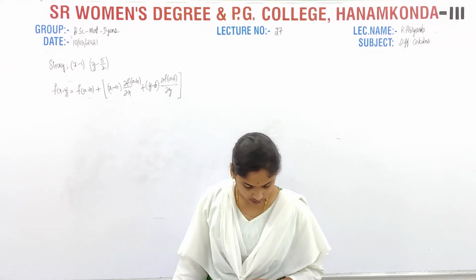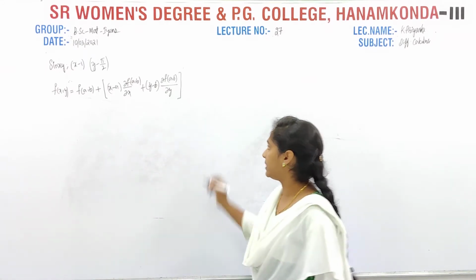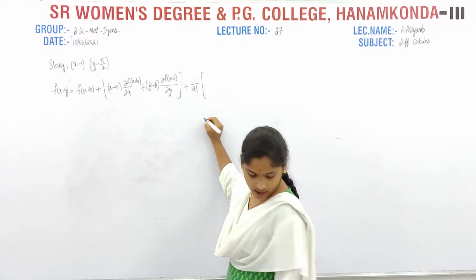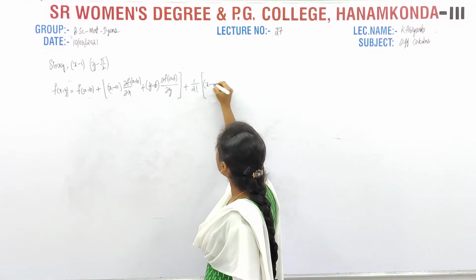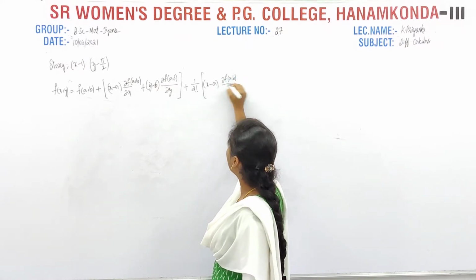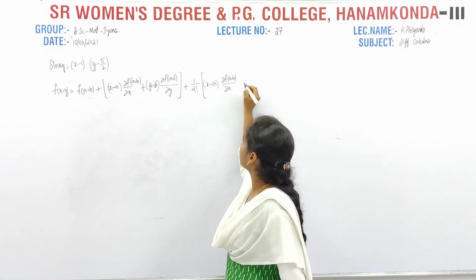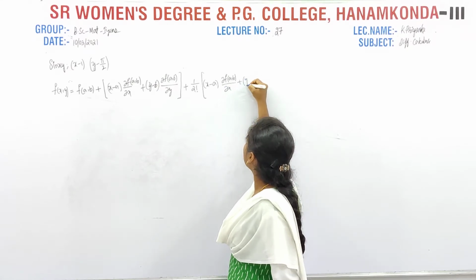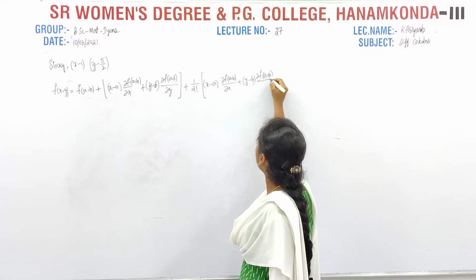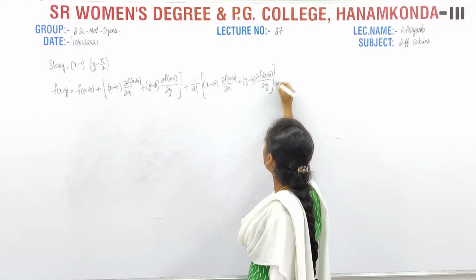And since they mentioned up to second degree, plus 1 by 2 factorial into x minus a into dou f at a comma b by dou x, plus y minus b into dou f of a comma b by dou y, whole square.